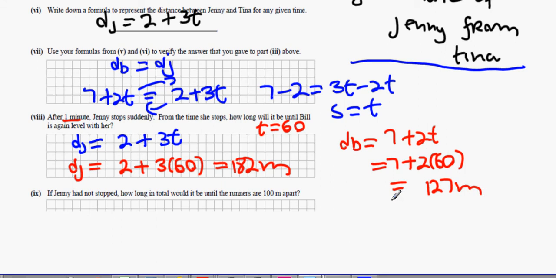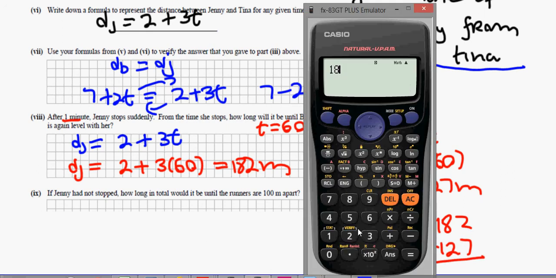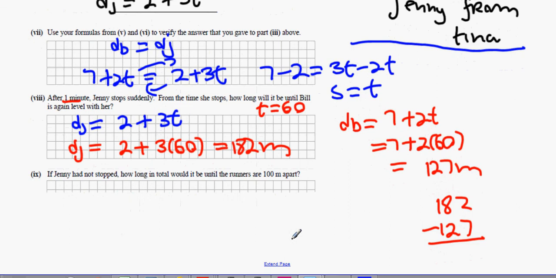Now at this point in time, the gap between both of them is 182 minus 127, which is 55 meters. So Jenny is 55 meters ahead of Bill.